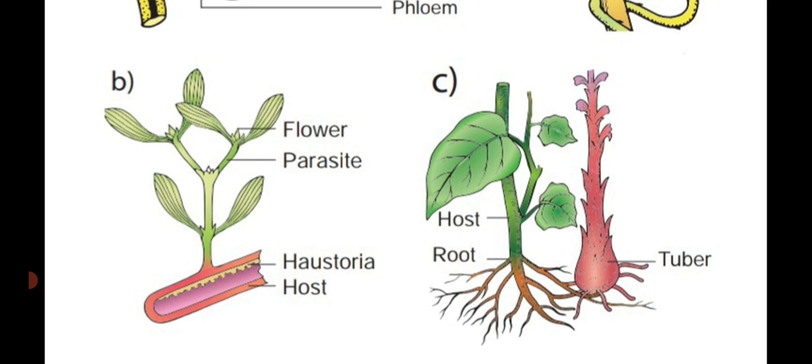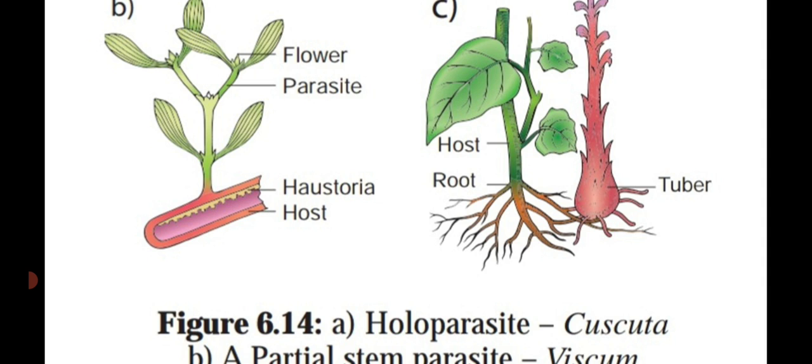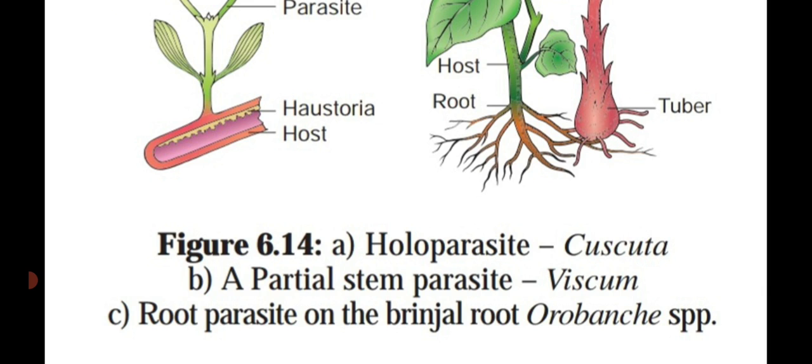At the root region, they have a special type of parasite, Orobanche, which produces a tuber-like storage substance present on the root region of the brinjal. So these parasites are known as root parasites on the brinjal root. So these are all the other examples of holoparasites.